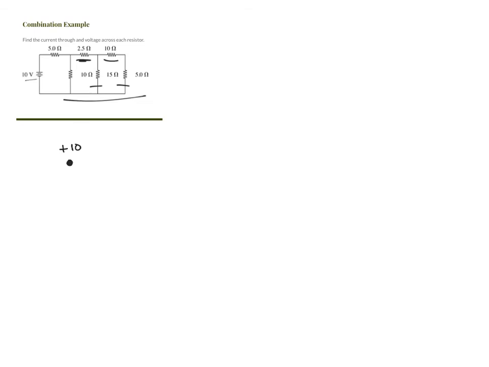And then I start at that positive terminal on the battery and think my way through the circuit. So starting here, moving through, and I come across a 5 ohm resistor. So I'm going to draw that in the circuit. Got some wire, got a resistor. It is 5 ohms on that resistor. And that's all I do. And then we keep going.